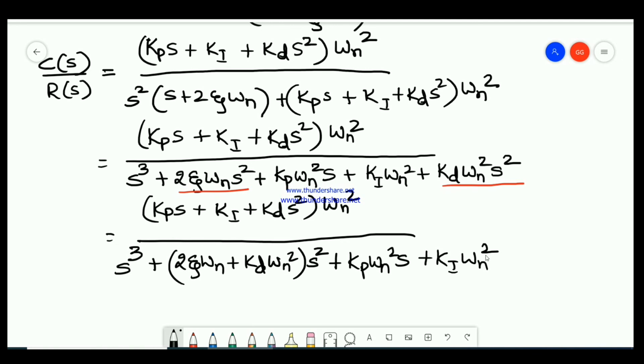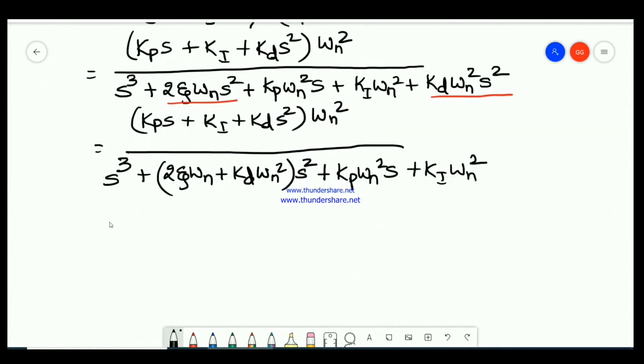So this is the total transfer function for the PID controller, which is the proportional integral differential controller, where you can see again one pole has been introduced in the denominator, therefore the stability will get reduced because of one pole introduction into the system, where we have Ki into omega n square.